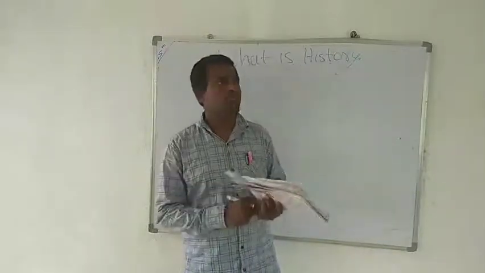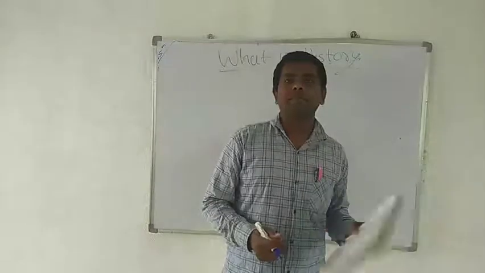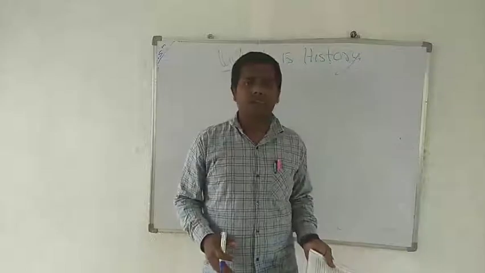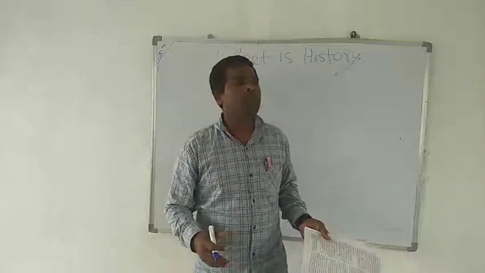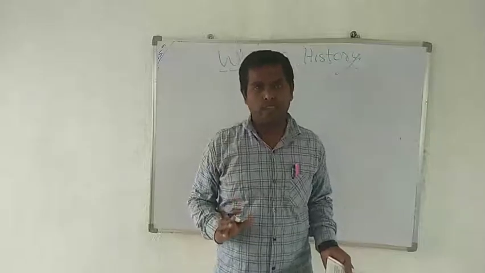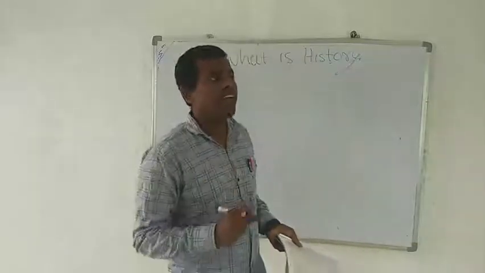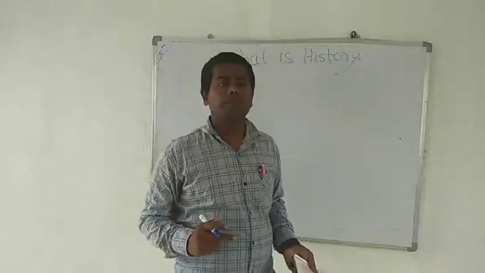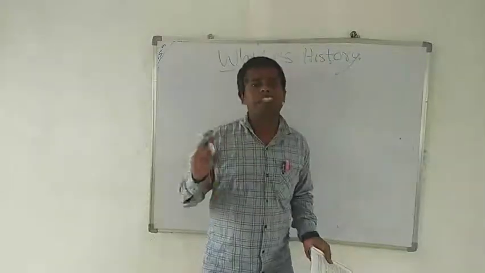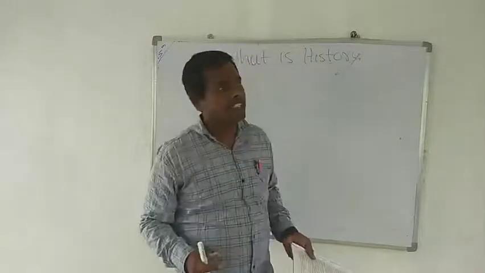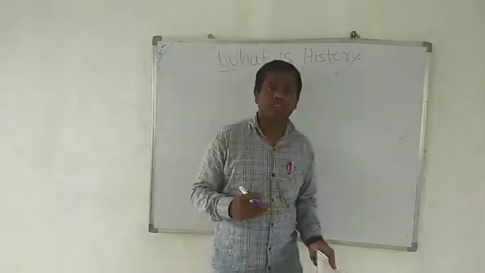Suppose we have found a pot in the soil which was made long years ago, and we can find the year when that pot was made by someone. Also take the example of a tree.